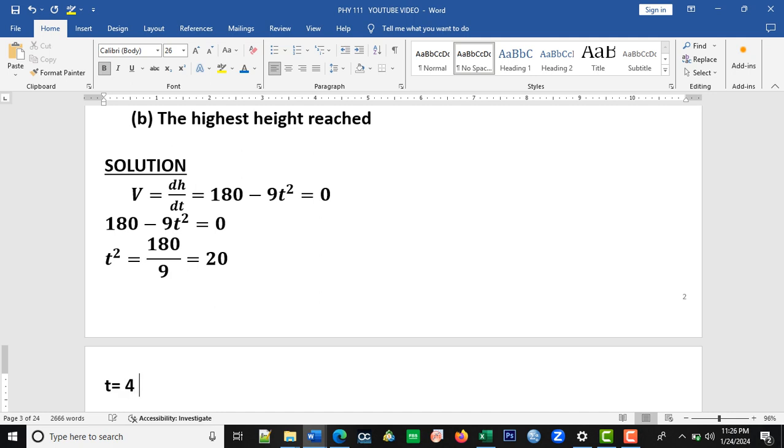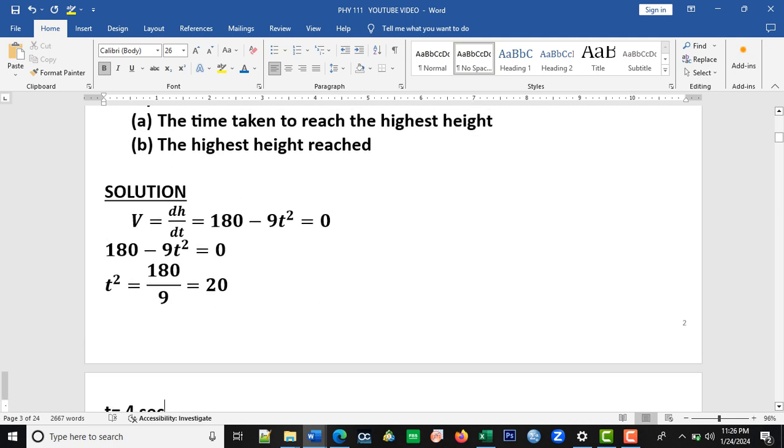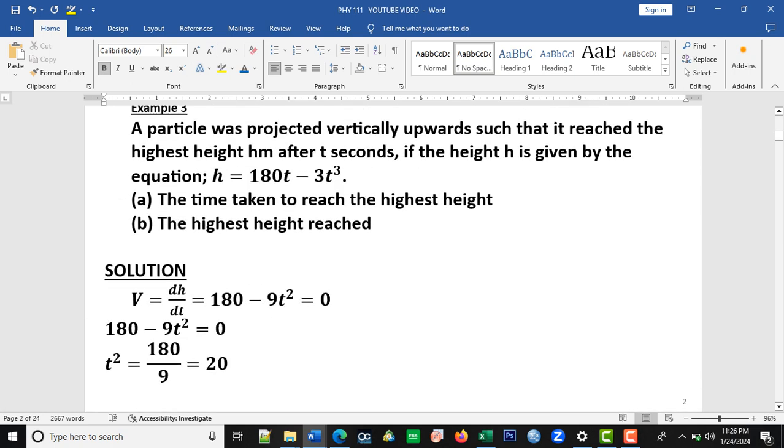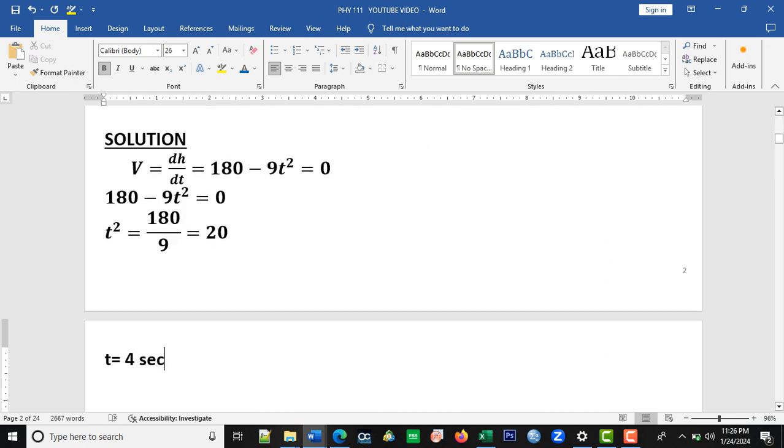Let me just call it 4 seconds because we may not use the negative side of it. Okay, so t equals 4 seconds. That's the time. They said the time taken to reach the highest height is 4 seconds.